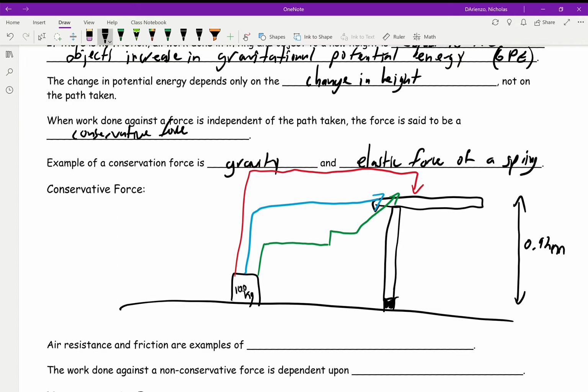Since this is a conservative force that we're working against in gravity, it doesn't matter the path that we take. The potential energy gained by that 10-kilogram weight only has to do with the distance that we raise it off the ground. It doesn't matter the path that we take it.